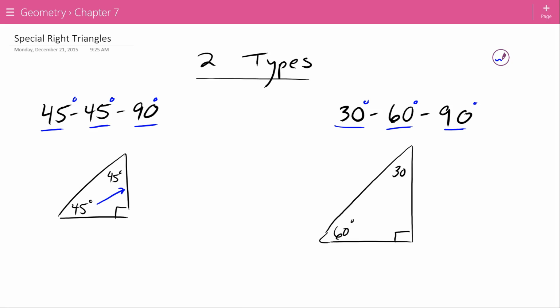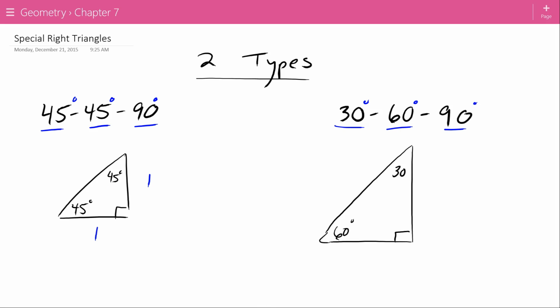Now in the 45, 45, 90, we always talk about the side lengths that are opposite those angle measurements. So opposite the 45 is going to be a 1. Opposite the other 45, it's an isosceles triangle. So if you have two base angles, your legs are going to be congruent, so that's also going to be a 1.